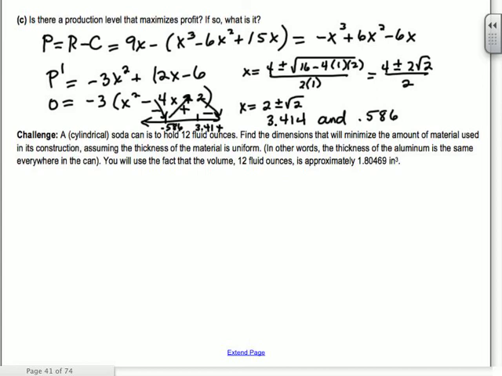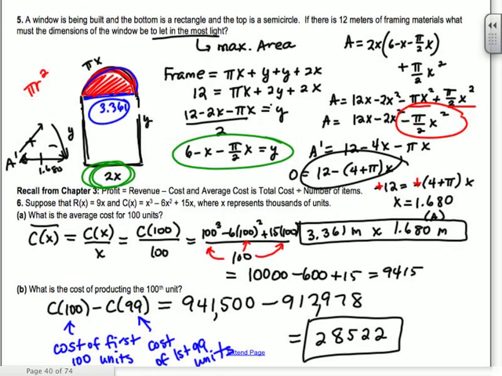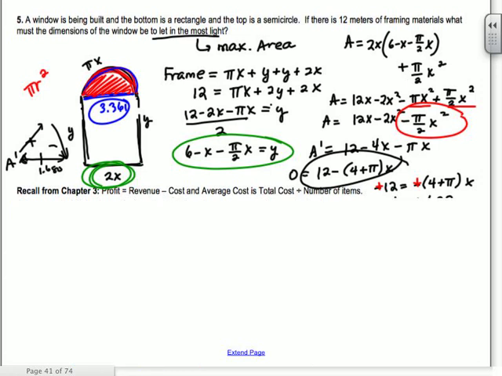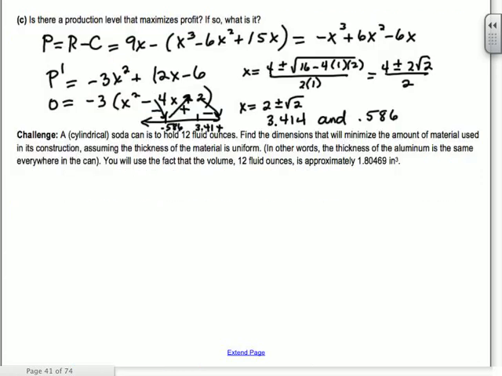So what's the level that maximizes? Yeah, 3.414. Was this in thousands of units? Yeah, x represents thousands of units. So if I have 3.414, that means 3,414 items. That would be the number of cars or whatever you're making that would maximize your profit.